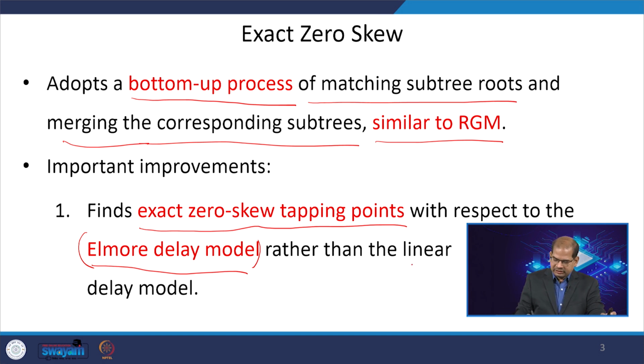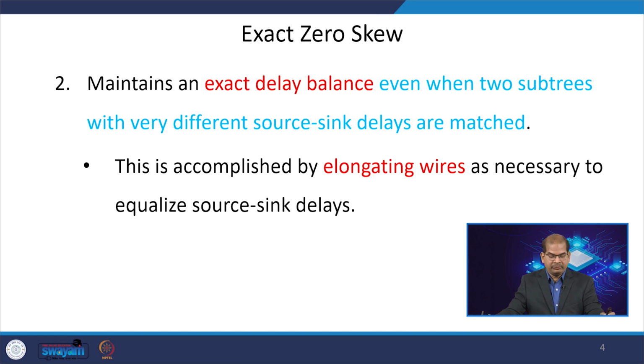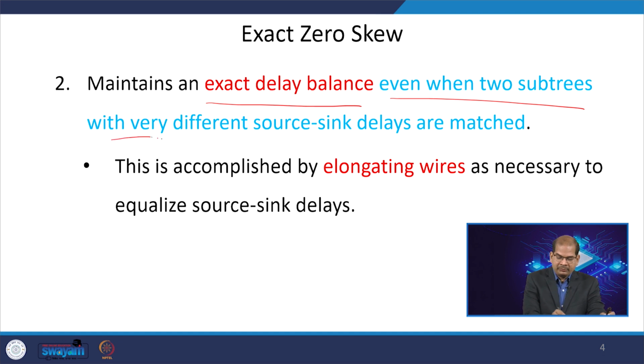So, we are not using the linear delay model. It maintains an exact delay balance even when two subtrees with very different source to sink delays are matched.